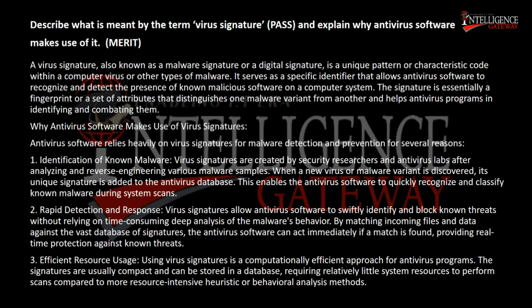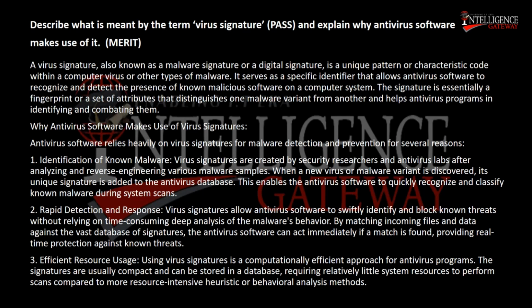The signature is essentially a fingerprint or a set of attributes that distinguishes one malware variant from another and helps antivirus programs in identifying and combating them. Why does antivirus software make use of virus signatures? Antivirus software relies heavily on virus signatures for malware detection and prevention for several reasons.